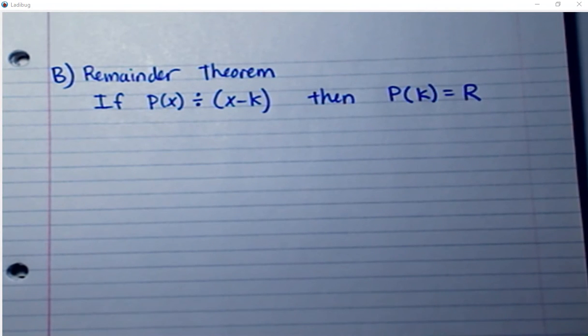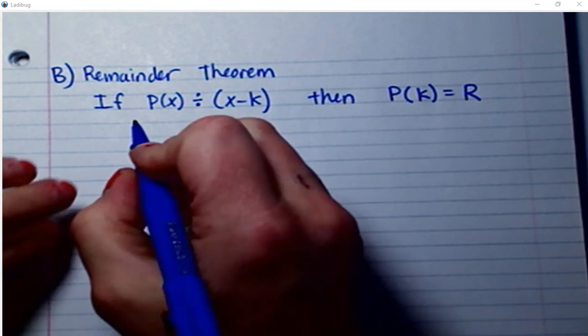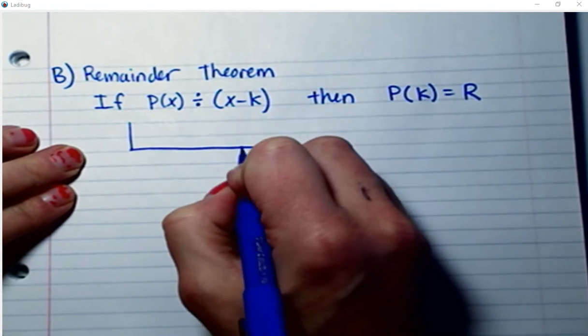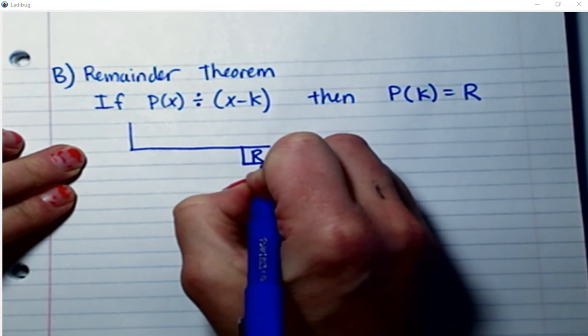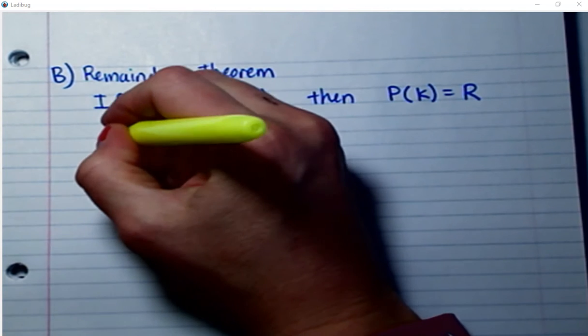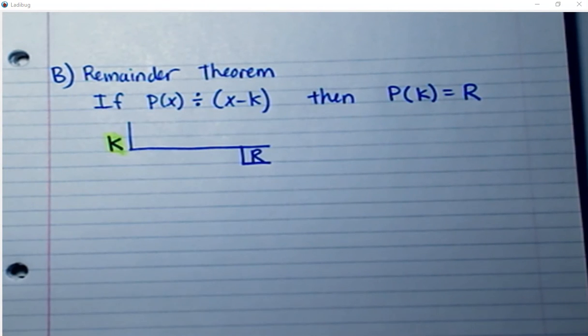So underneath this, I'm going to set up what my synthetic division would look like. There's the general setup. K, we know what number goes out there, and we know that that last number there is the remainder.